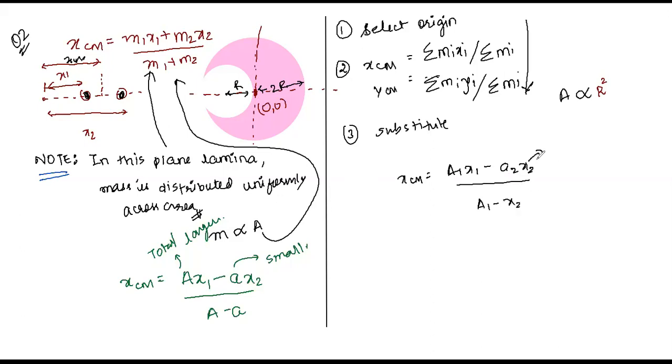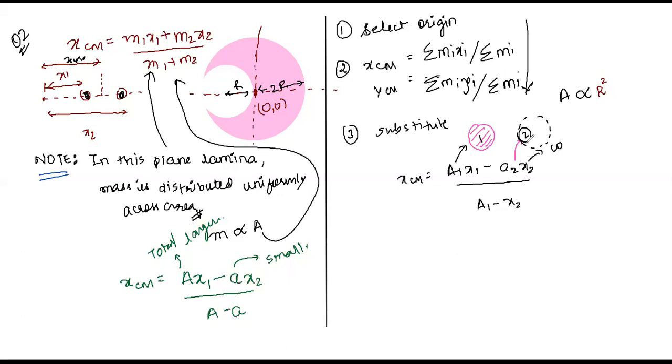These x1 and x2 are the coordinates. Which coordinates? The coordinates of the center of mass of 1 and 2. What is 1? 1 is the larger pink sphere, whereas 2 is the smaller white sphere inside the larger one.